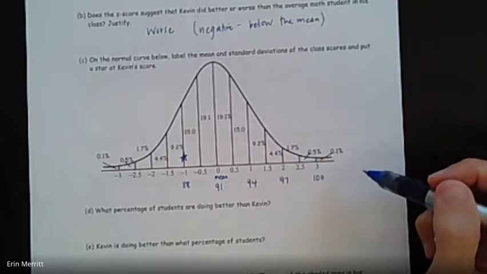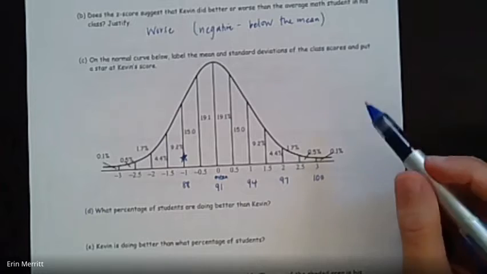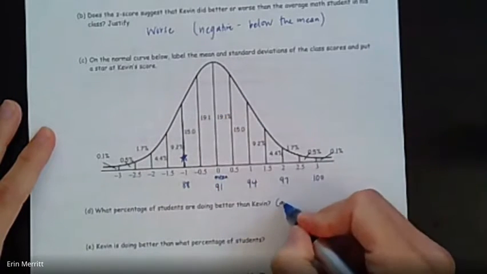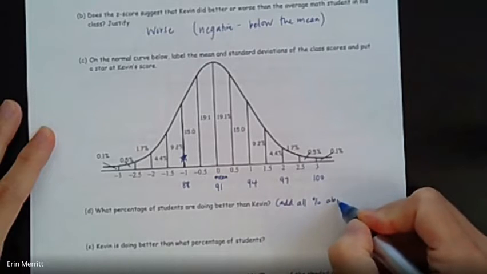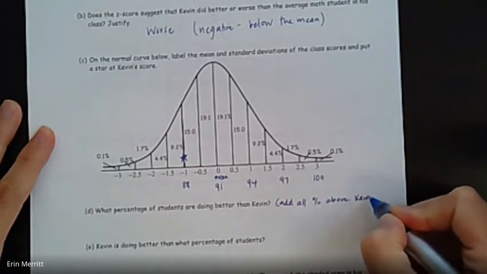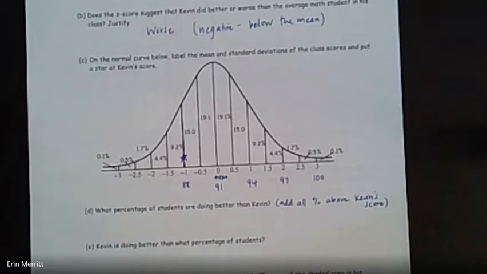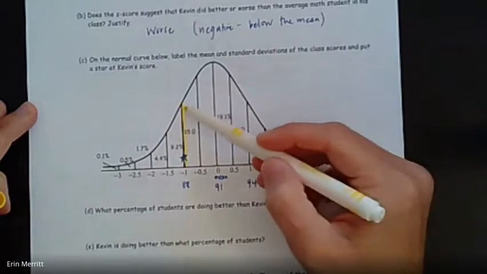So when it says what percent of students are doing better than Kevin, all right, you can add up everybody above this, right? So you can add all percentages above Kevin's score. Add everybody from here over.